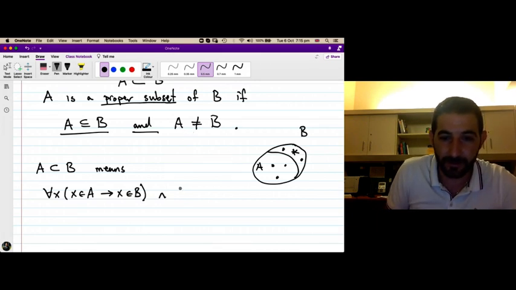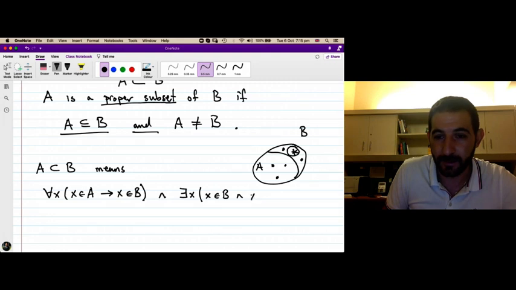So it means that there exists an X which is in B. So here this is the star. There is an X such that X is in B and not in A. Sorry.